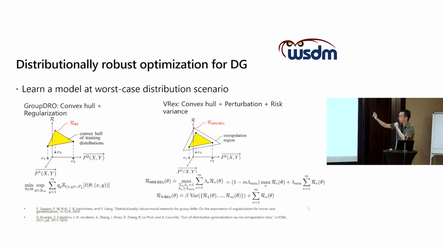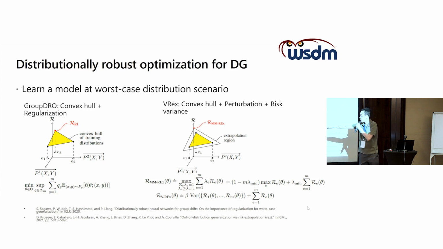So for the first work, we only consider this linear combination based on the convex hull, but the data outside the convex hull has been largely ignored. That's why in this work, an extrapolation-based method is considered. The formulation is like this. Mathematically, you can see that the equations for the first part and the second part look similar, but actually they are not.